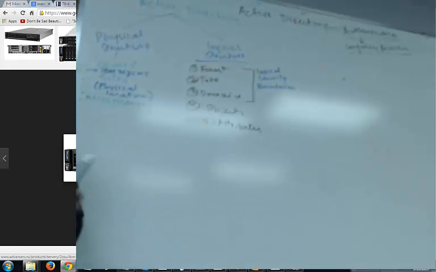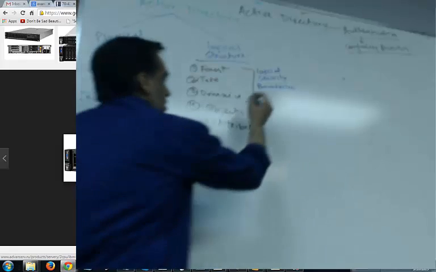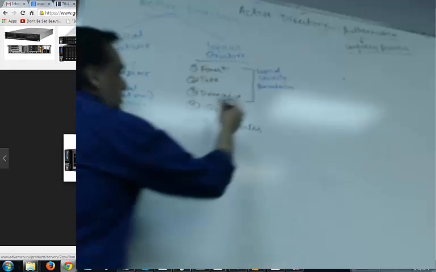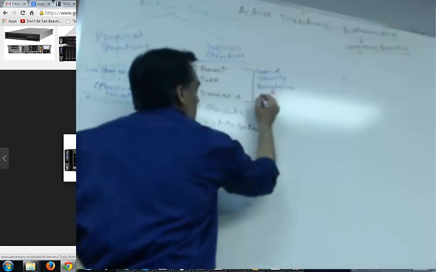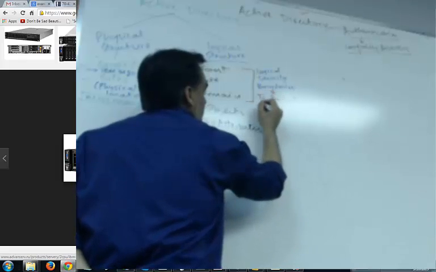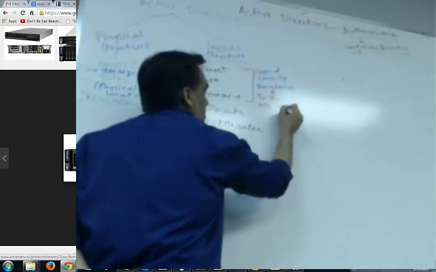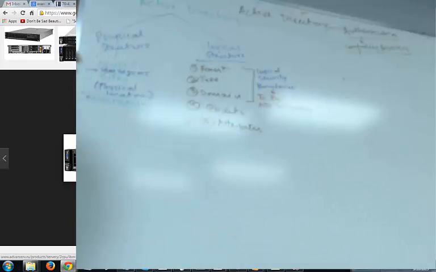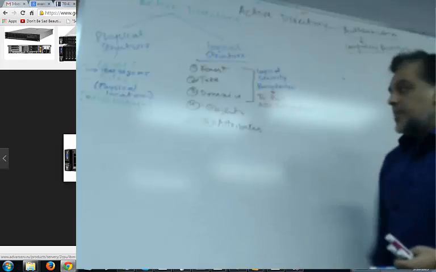These are logical security boundaries to protect Active Directory information. Now let's understand this. How do forest, tree, and domain protect inside?